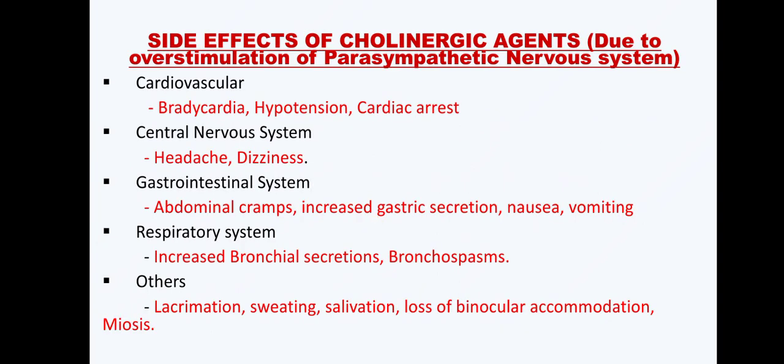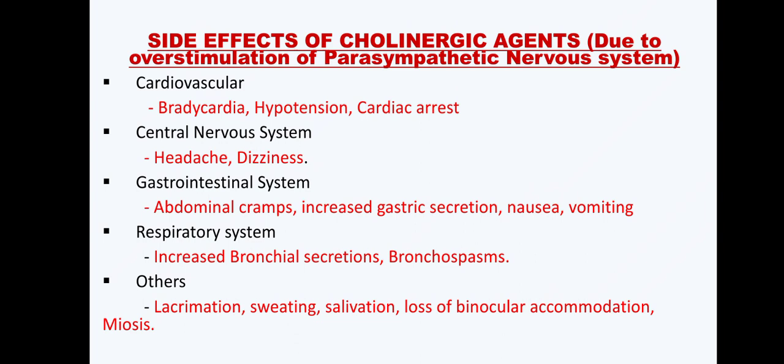Side effects of cholinergic agents are due to the overstimulation of the parasympathetic nervous system. So what are all the side effects? In the cardiovascular system, it produces bradycardia, that is decreased heart rate, hypotension and cardiac arrest. In the central nervous system, it causes headache and dizziness.